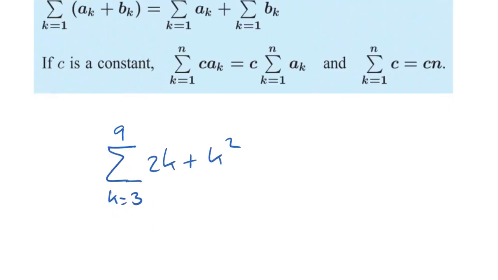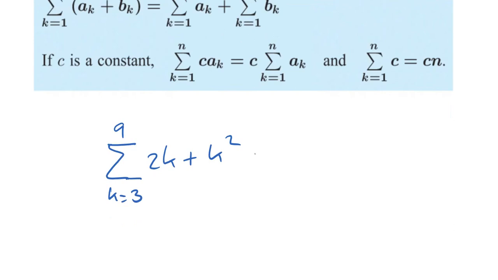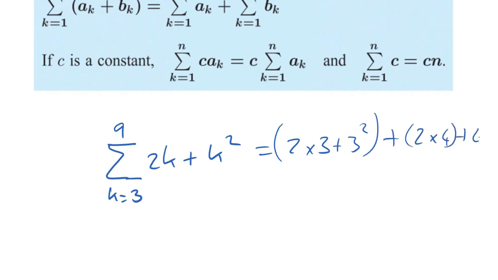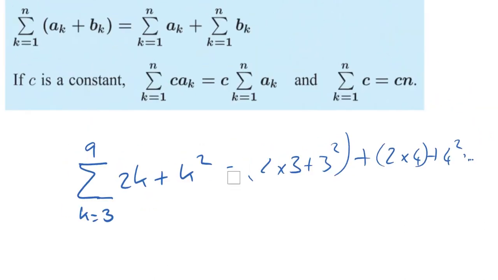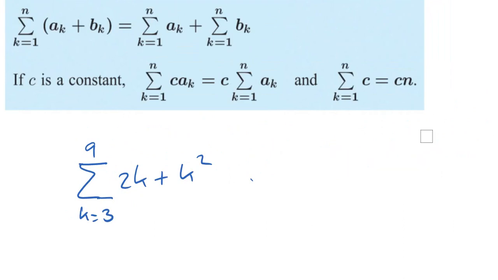I'm not going to go through all of this, but you could easily say, well, it's 2 times 3 plus 3 squared plus 2 times 4 plus 4 squared, all the way up to 9, and then we'd stop.